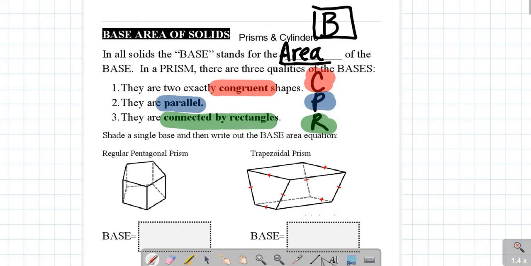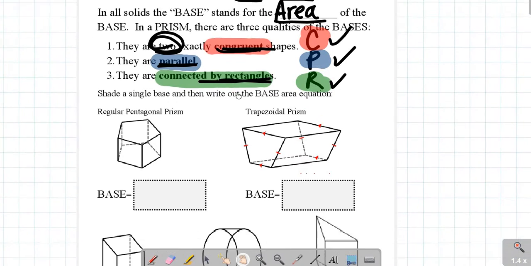So when I say the word base in a prism and a cylinder only, there's two of them, and they're congruent. They're parallel and they're connected by rectangles. CPR. So watch out for the bases.